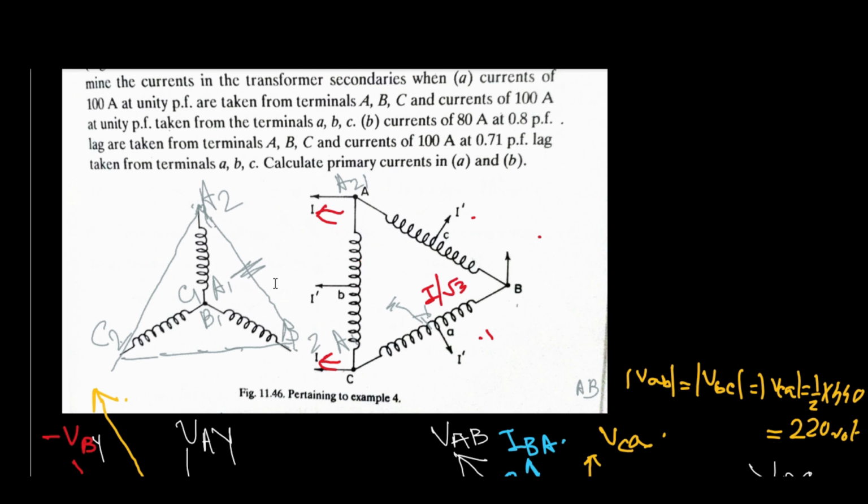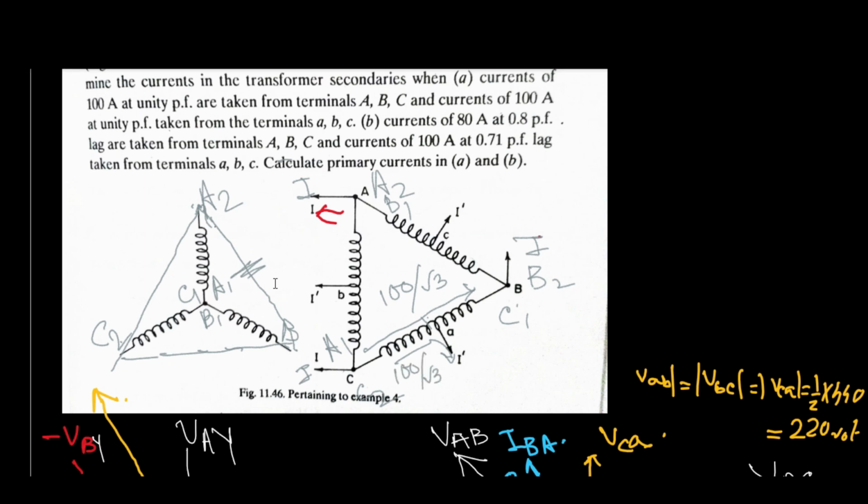Just let me clean this first. So what I am trying to say here is that one component of current that is flowing total is 100 by root 3, for this I. Now what about the other current which is flowing here? The magnitude of that current is also 100 by root 3.